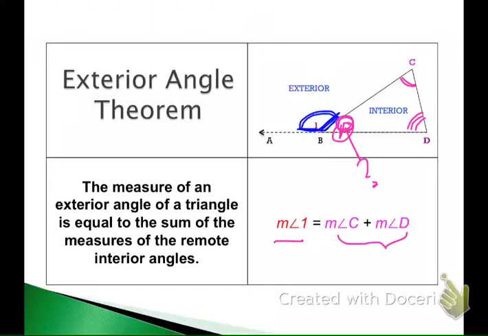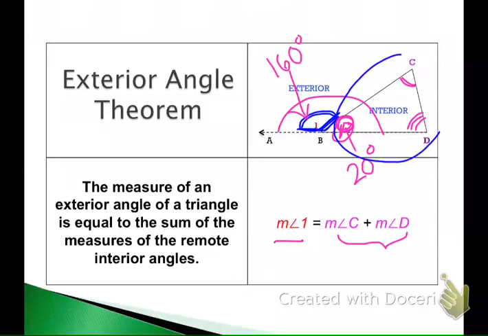So let me just give you a number example. Say this angle right here was 20 degrees. Let's just pretend. Okay. What do you know that angle 1 has to be to make that whole thing 180? That one has to be 160, right? Now you also know that these ones over here are all going to add up to 180, right?